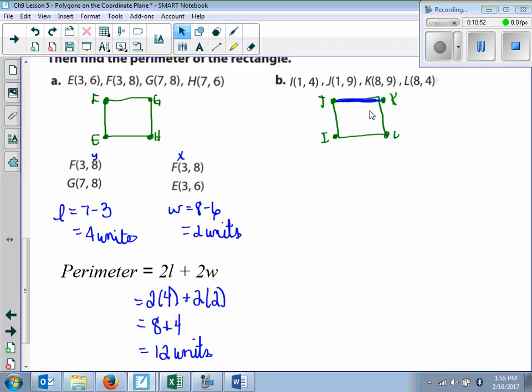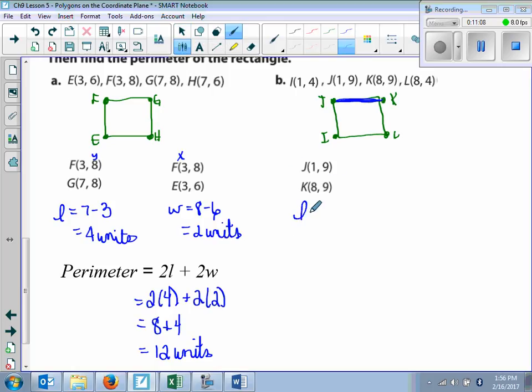So we want to choose 2 points that have the same Y value. There's J and K, right? They have the same Y value. And now, to find the length, we can subtract their X values. So 8 minus 1 is equal to 7 units.